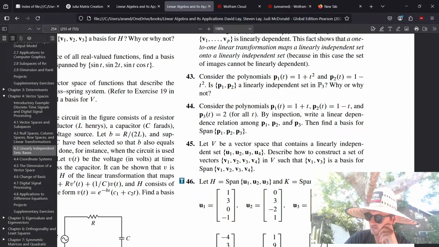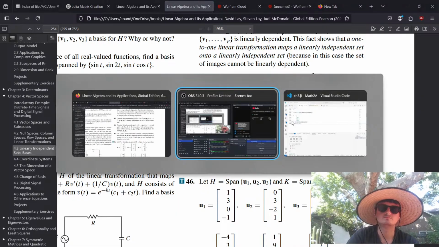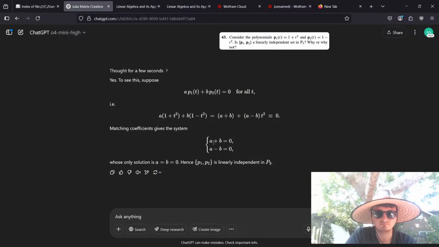So then our basis is going to be p1, p2. Yes.